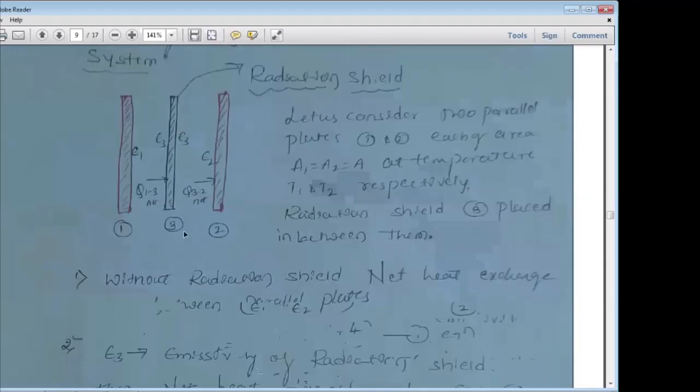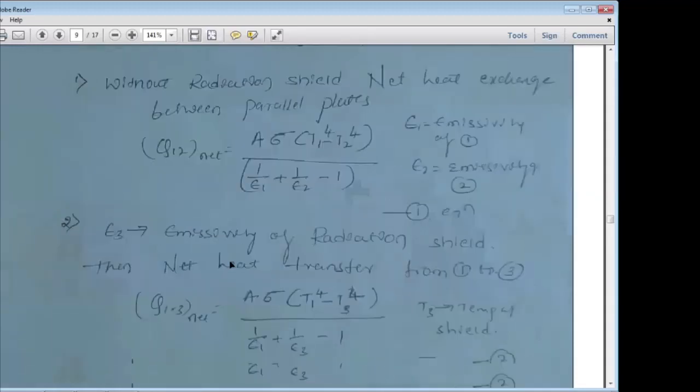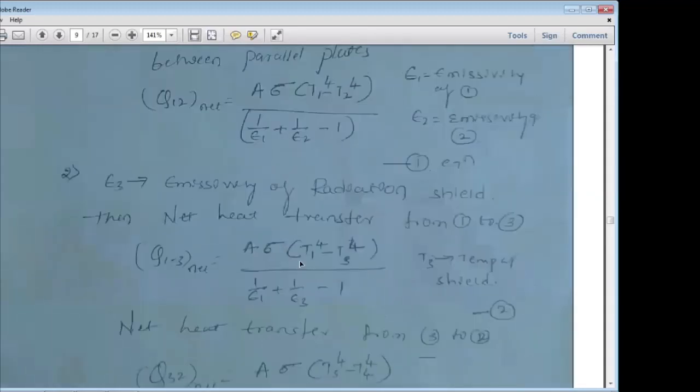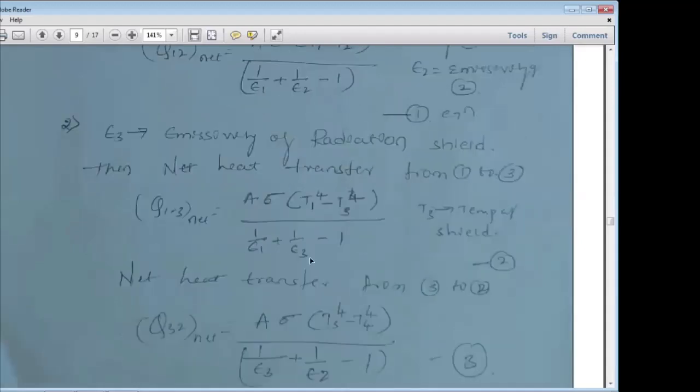So that is A into sigma into (T1 raised to 4 minus T3 raised to 4), for heat transfer from plate 1 to radiation shield 3, which is inserted between these two plates, divided by 1 upon epsilon 1 plus 1 upon epsilon 3 minus 1.